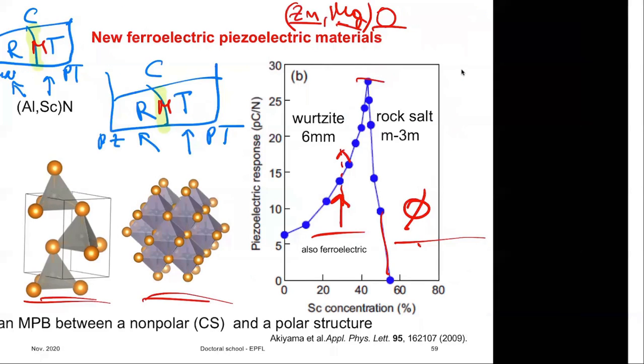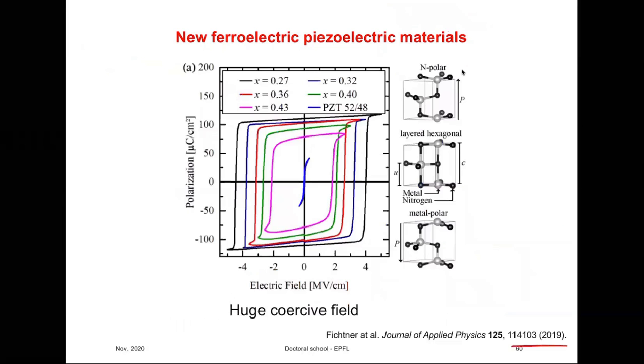Now, just last year, this group in Germany was able to show that AlN, when you start adding scandium, in fact becomes ferroelectric with a large amount of scandium.